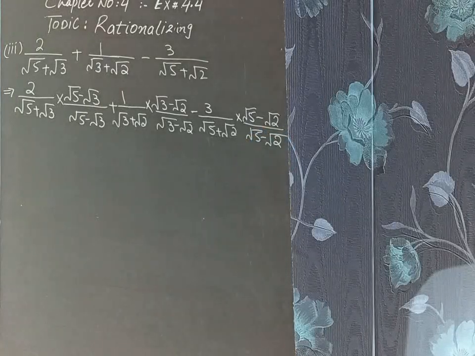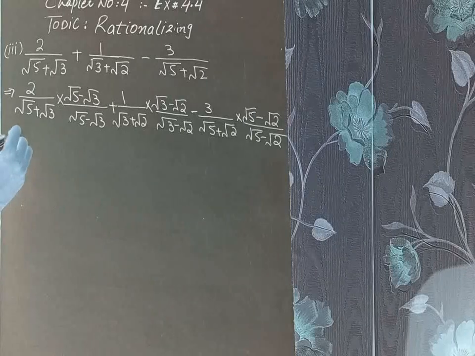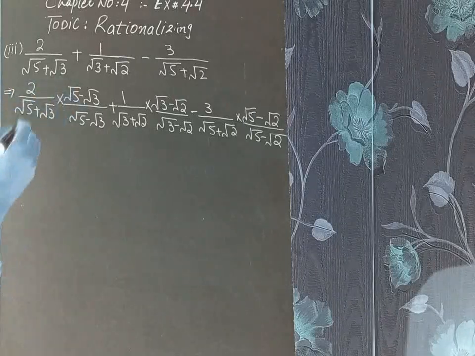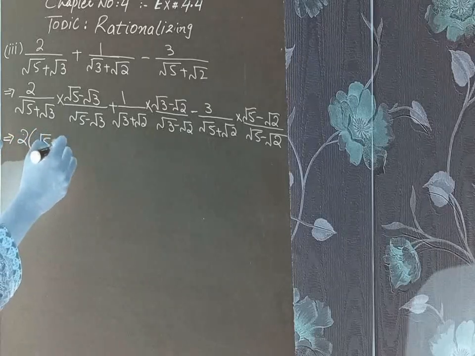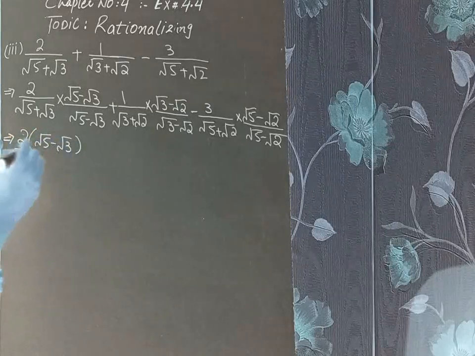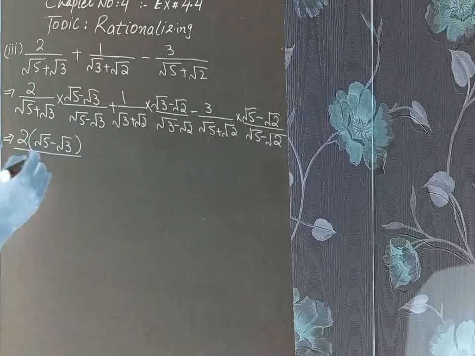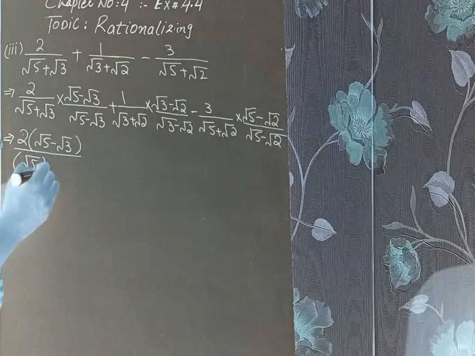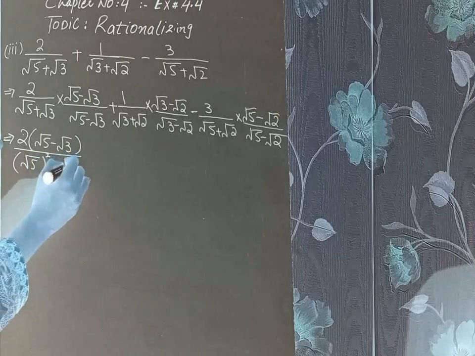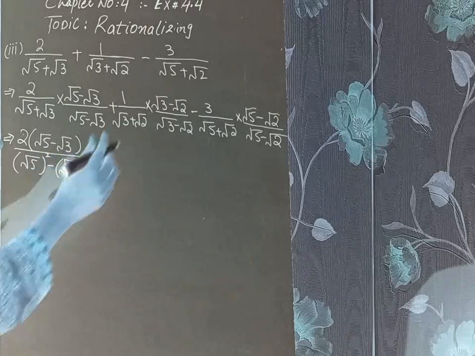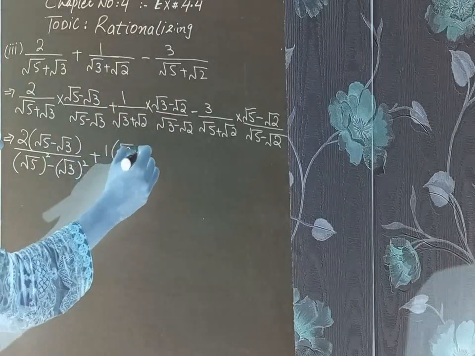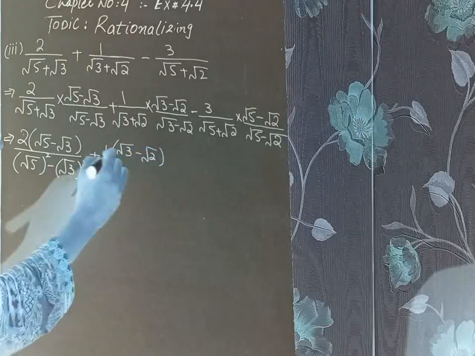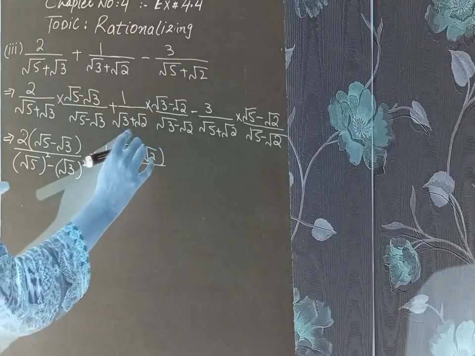Now we'll simplify this. 2 multiplied by this, you get the same. In the denominator, the same formula we will use: a squared minus b squared, √5 squared minus √3 squared. Then here is plus 1 multiplied by this, √3 minus √2, divided by this.